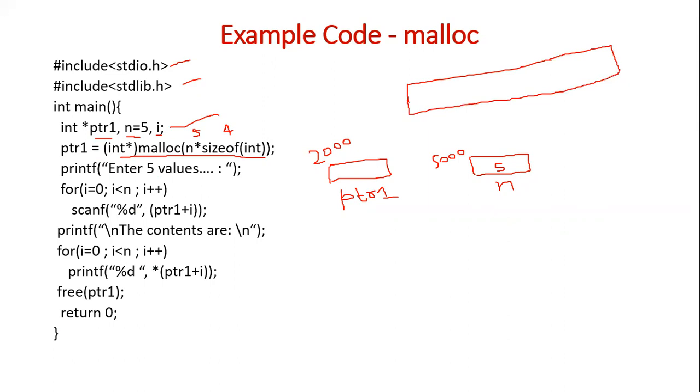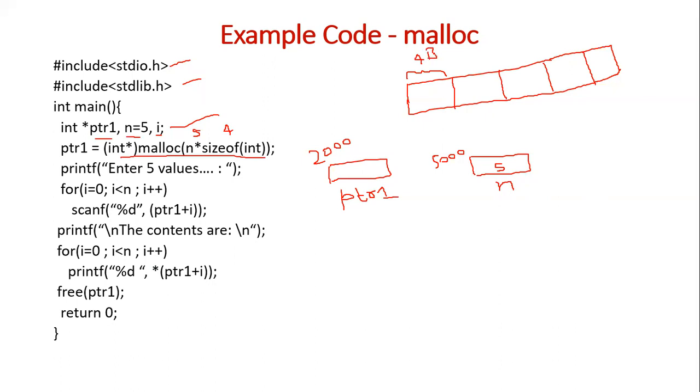So this location can hold 5 integers: 1, 2, 3, 4, and 5. And each location size is 4 bytes. Like that, everything is a 4-byte location.